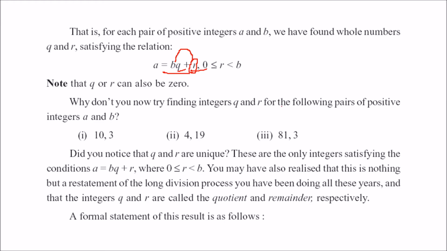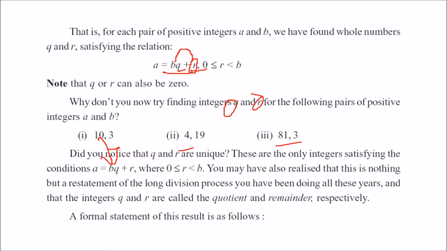Now let us turn our attention towards finding this q and r. We have some pairs, and we have noticed that this q and r are unique. So there are only integers which will satisfy this equation.